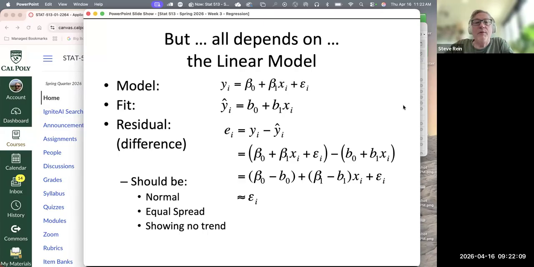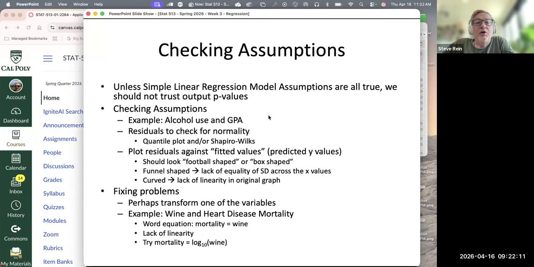Okay, so we have our residuals, and we check those, and like we saw last time, well, I'm not even going to bother doing the example because you already did a lab on this. But for normality, you're going to investigate the residuals with a quantile plot, which I like.